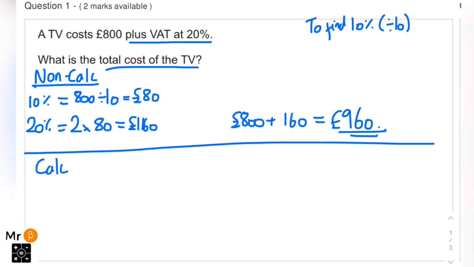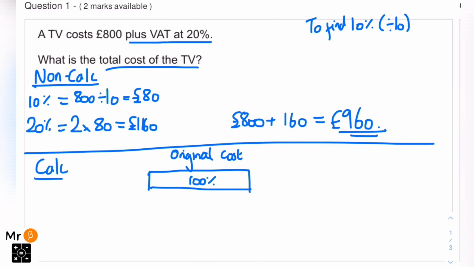However, I'm going to show you the calculator method as well, as for the majority of these questions, they would most likely come up in a calculator paper. So if we imagine this original price of our TV, which was this 100%, that's our original cost or price. We then have to add on and pay an extra 20% VAT.